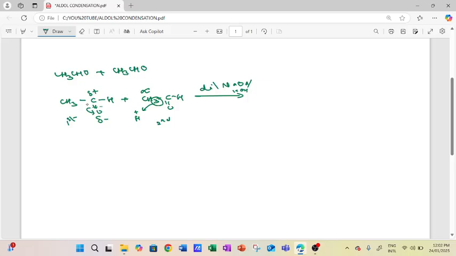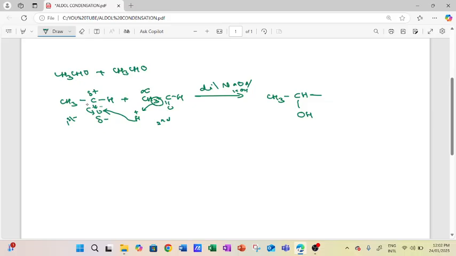It means we can write CH3, the second carbon is CH, which is connected to OH. And now the first molecule will connect with the second molecule through this alpha carbon. So out of 3 hydrogens, 1 hydrogen went, so 2 hydrogens are there.